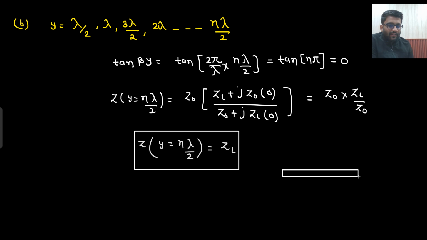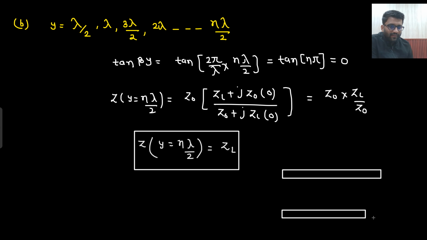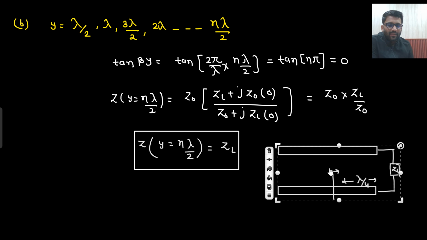That means if this is my transmission line and here I am having any load ZL, now I start working on this transmission line. If I have worked for lambda by 4 distance, then there will be some inversion.